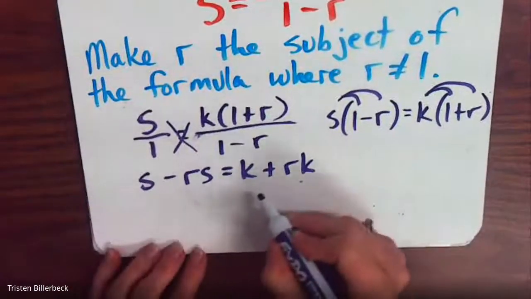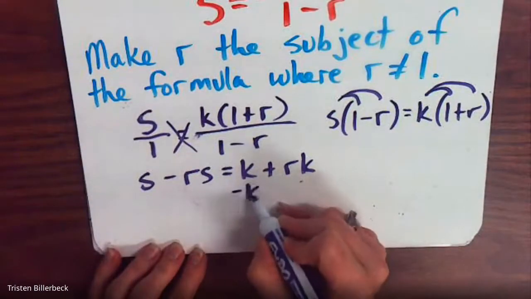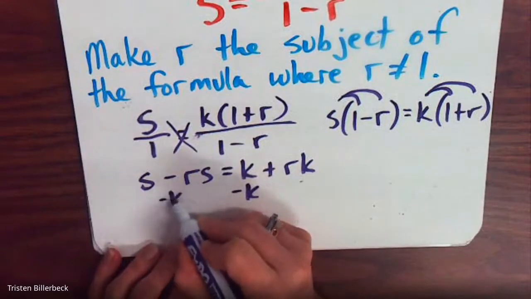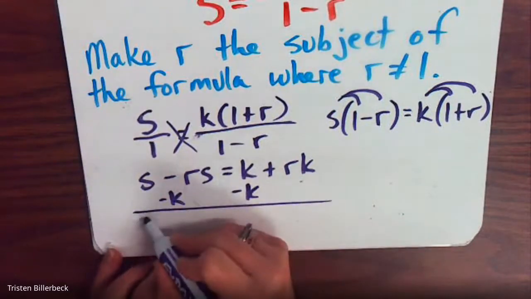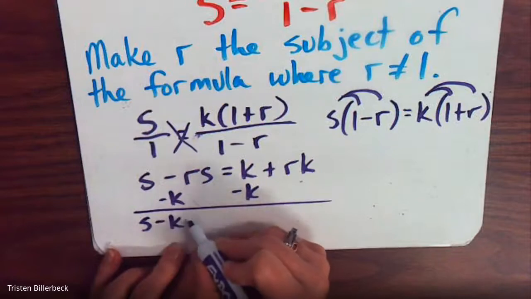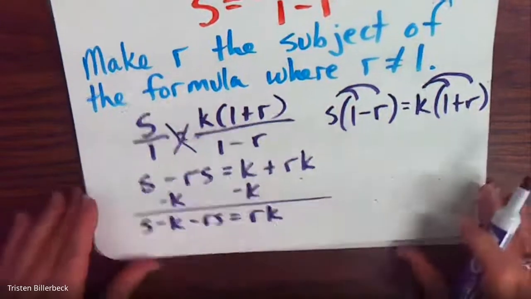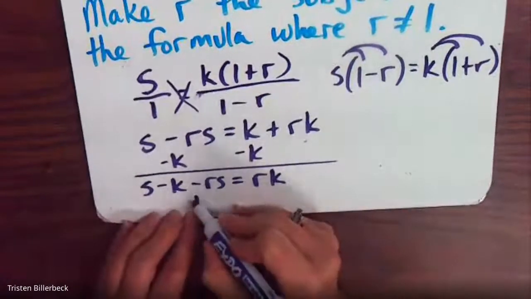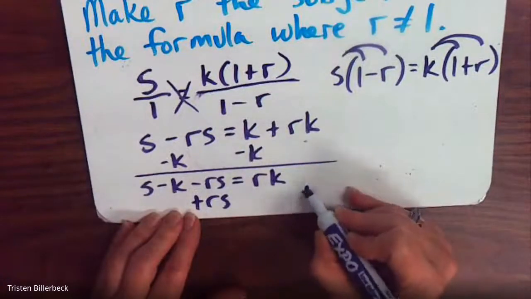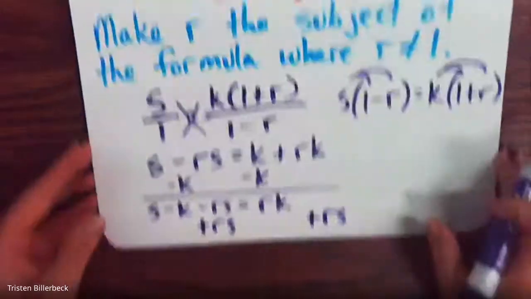And then we're going to subtract the K's from both sides. And we have S minus K minus RS equals RK. So we add RS to both sides to get the R's in one spot.